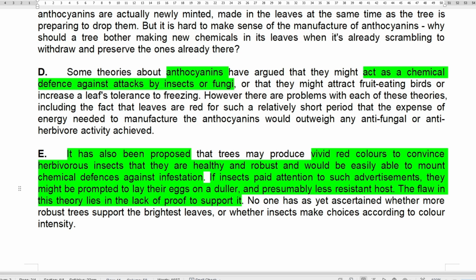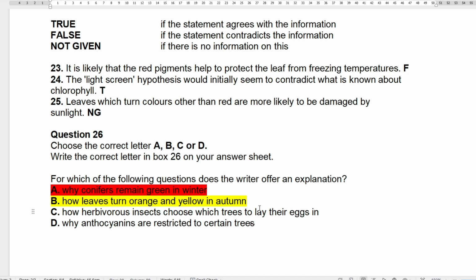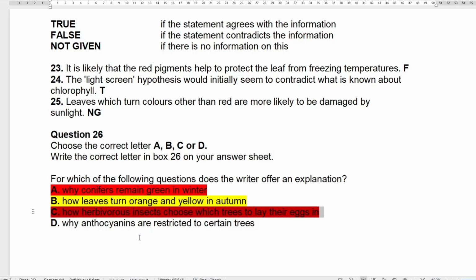I like this option as well, but not really. However, it says that no one has yet ascertained whether more robust trees support the brightest leaves or whether insects make choices according to color intensity. So yeah, it's not true. So I think that is another red sign for us.